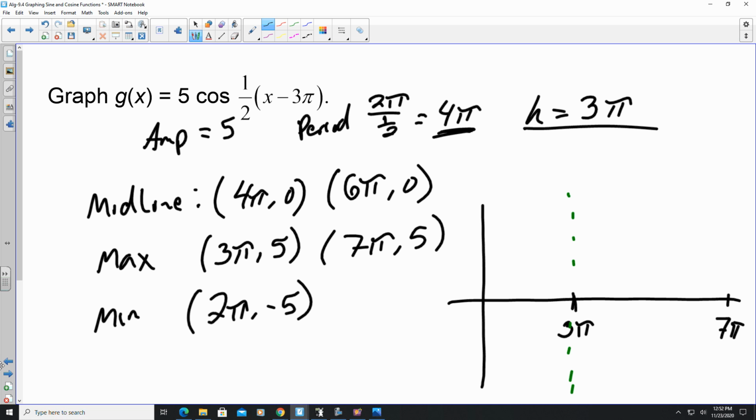So now it starts off with our max value of 3 pi, 5. So we'll just say this is 5 over here. Let's just say this is -5. So now it's going to look something like this and like that, where right here is your middle.